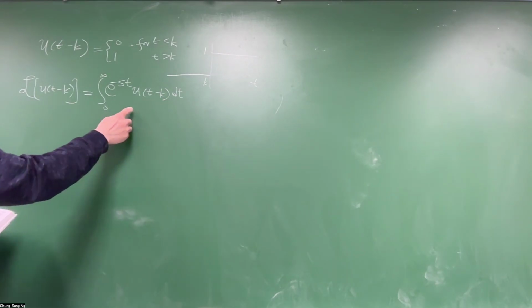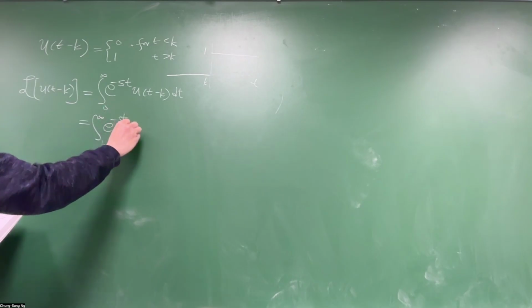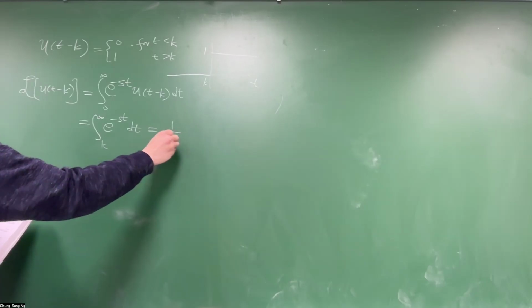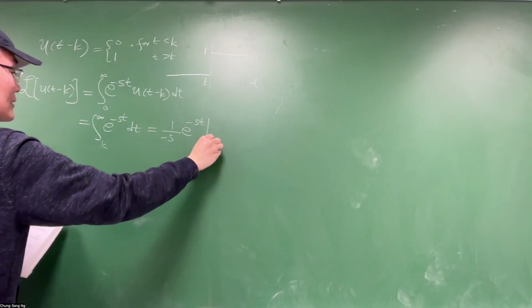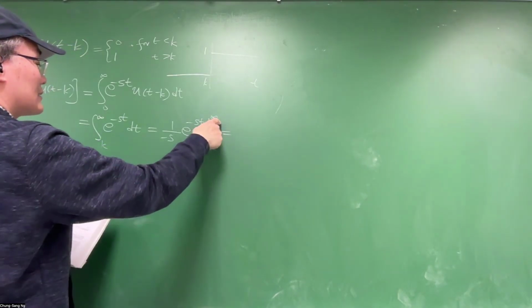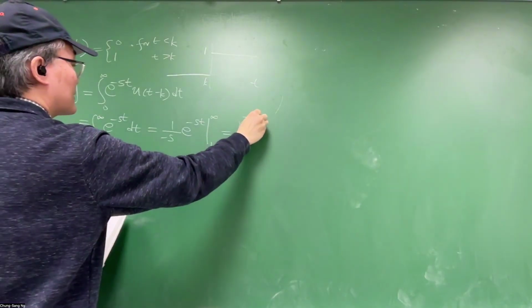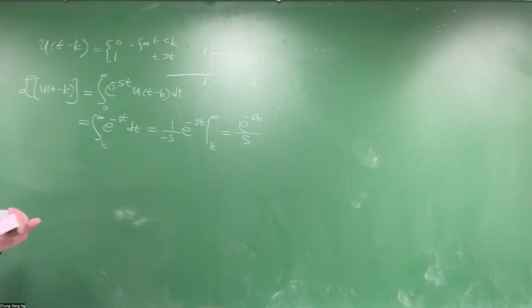So assuming k is positive, you just integrate from k to infinity and the answer should be straightforward. It's 1 over s times e to the minus s k. All right, pretty straightforward.